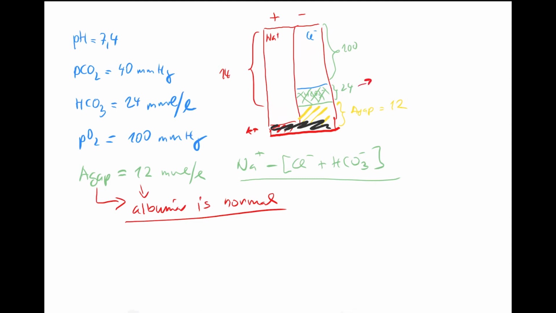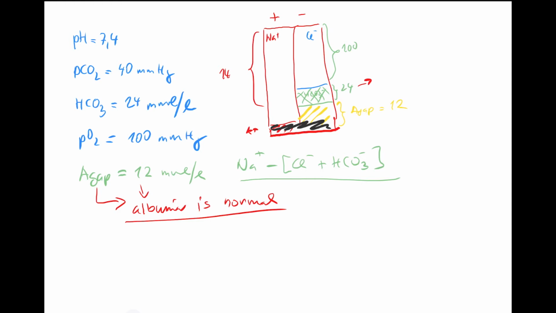Bicarb is the only one that can really change fast. Then you can assume with changes of ions how the pH is going to be, because bicarb 24 means there is no metabolic change. There is no metabolic acidosis or alkalosis.